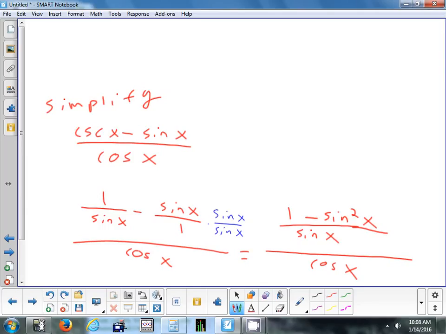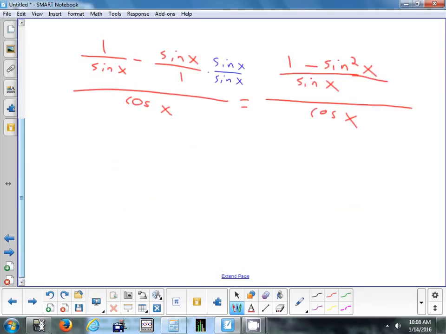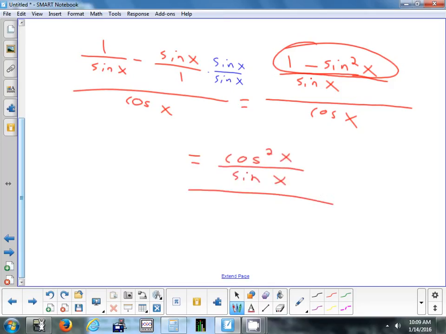All right. So now there's something here we should recognize, similar to a previous problem. 1 minus sine squared is cosine squared. So now we have cosine squared divided by sine, and all of that divided by cosine over 1.